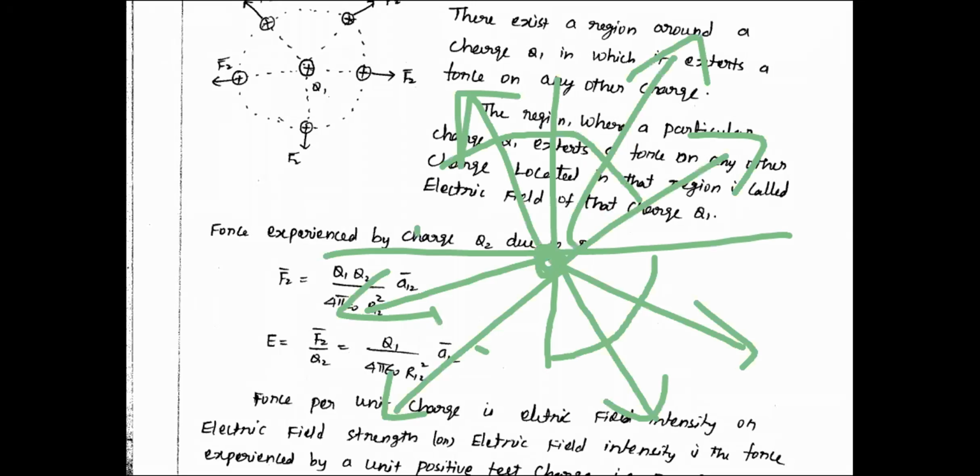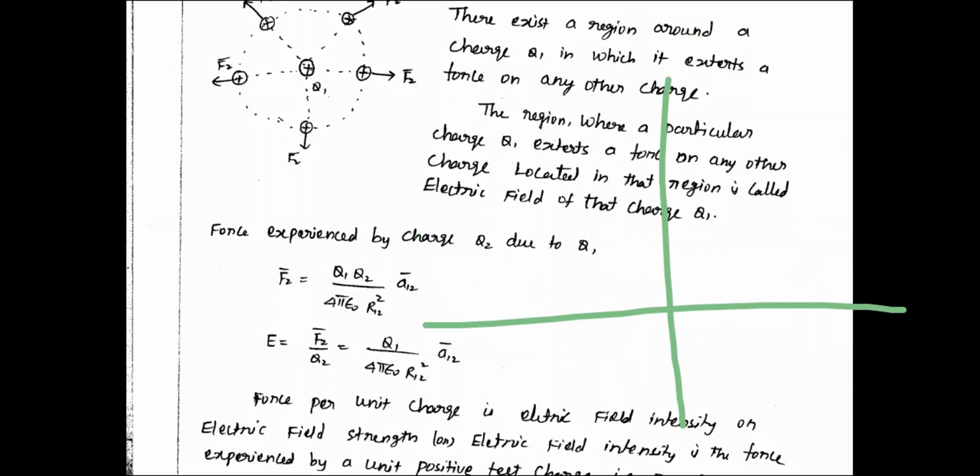To denote this, we use the radial vector, a_r cap. Now suppose this is your origin, then this is your a_r cap vector. Say for example, in a coordinate system, I am placing my charge somewhere else, not at the center point.